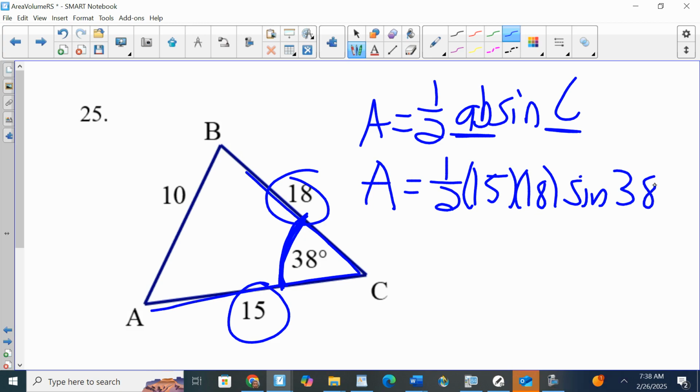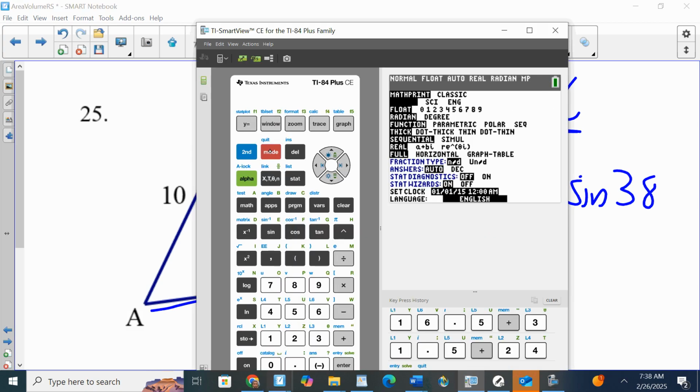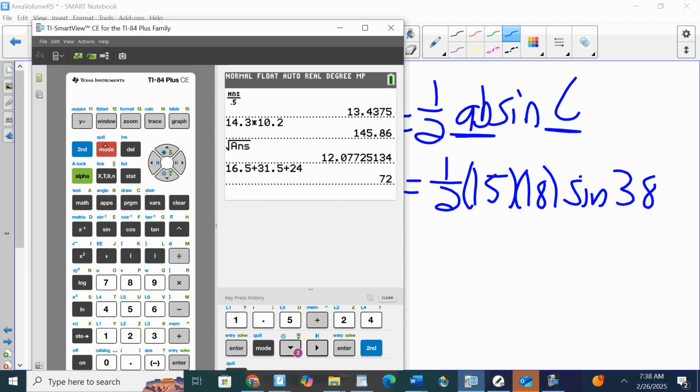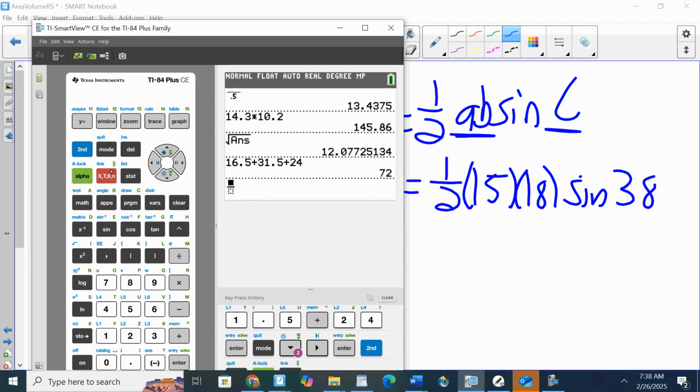Make sure your calculator is in degree mode. It only matters when you're typing in anything with sine, cosine, or tangent, which basically is a trig unit, and literally this one isolated question. 1/2, 15, 18, sine 38.